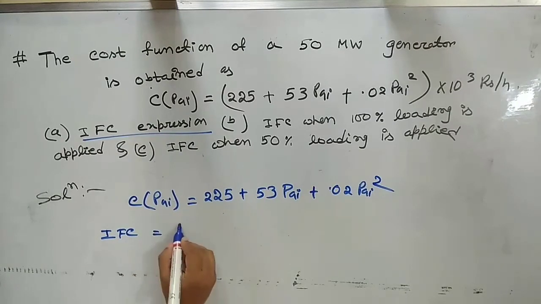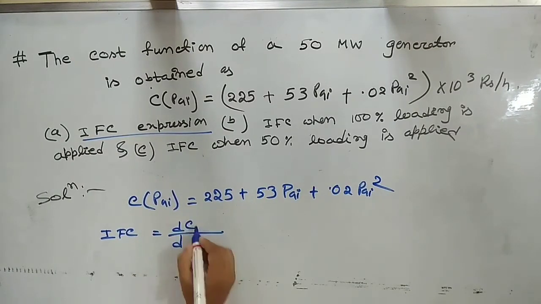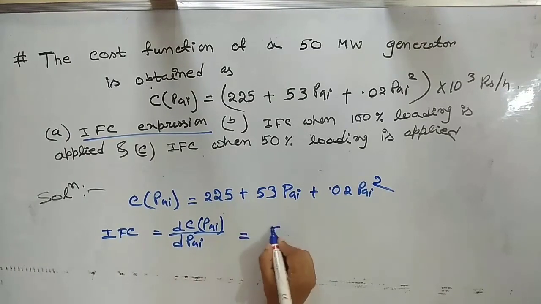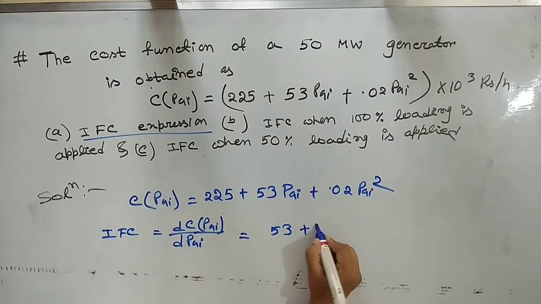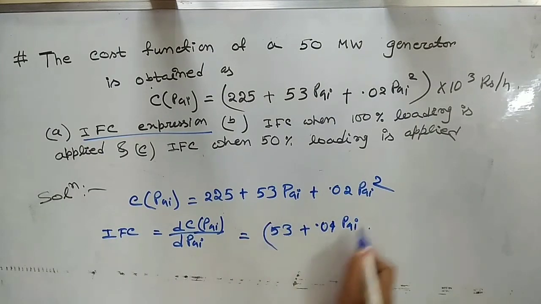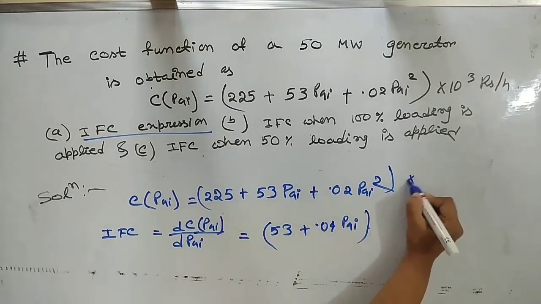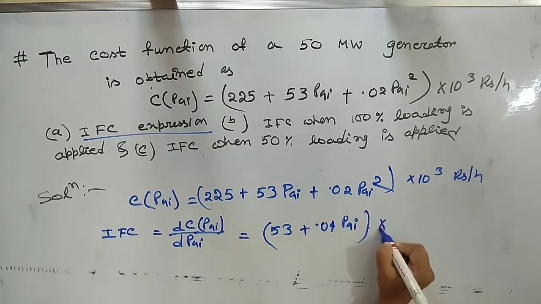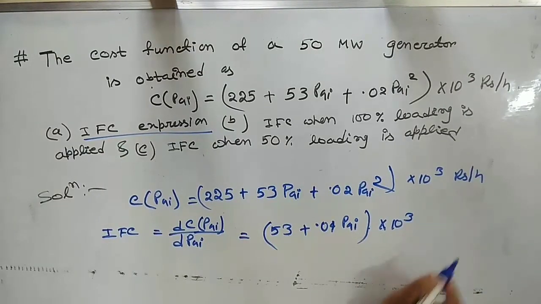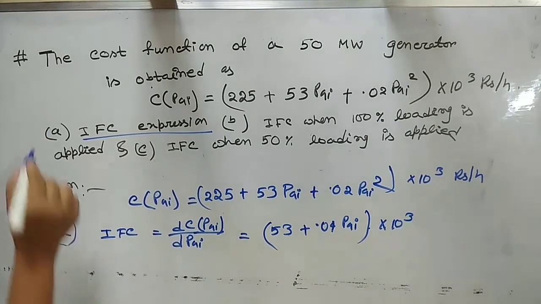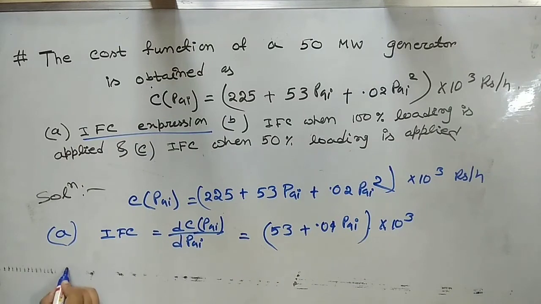It is the first derivative of the cost with respect to PGi. So it's 53 plus 0.04 PGi. Okay, so this is the answer of question A.